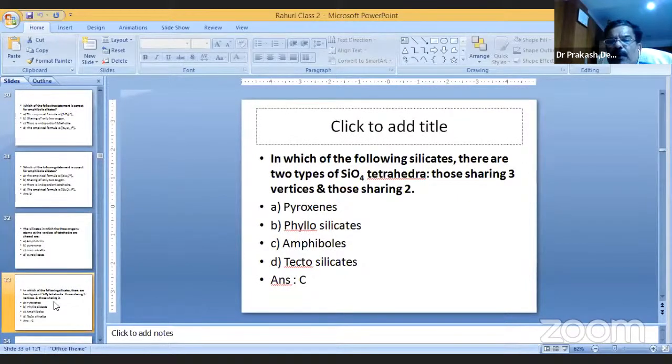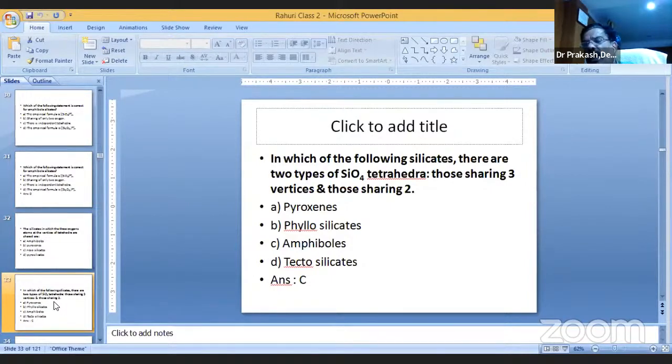Okay, in which of the following silicates are there 2 types of silica tetrahedra, those sharing 3 vertices and those sharing 2? See, for the same mineral group, right? So you can see the framing of questions can be based on concept, based on logic.